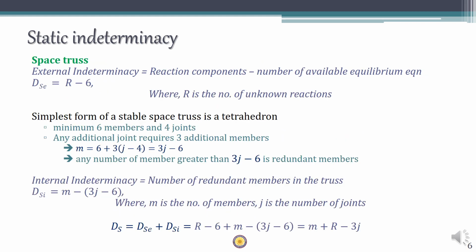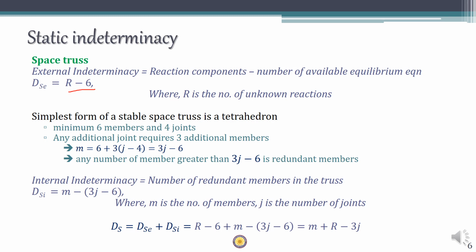Now let's see how to calculate for space truss. For space truss also, the external indeterminacy is the same as the space frame, which is ds is equal to r minus 6, because there are 6 available equations. And the simplest form of a stable space truss is a tetrahedron.